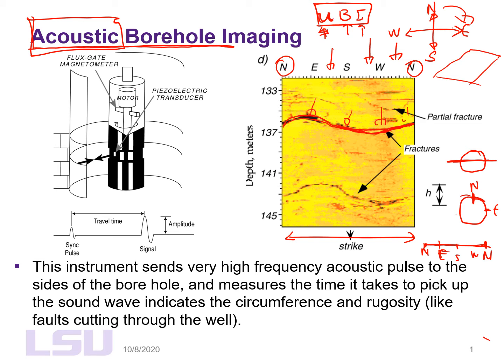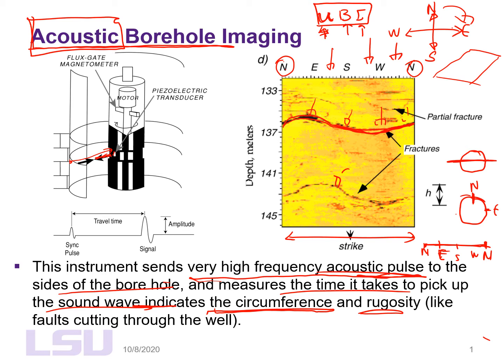And what it does is it sends sound to the wellbore, so from the tool to the sides of the well, and measures the time it takes for the sound wave to return to the detector. And it's able to invert that and come up with this image. And that's what I try to explain here. It sends high frequency sound pulses to the sides of the wellbore, measures the time to pick up the sound wave, and that will indicate the circumference of the wellbore and rugosity.